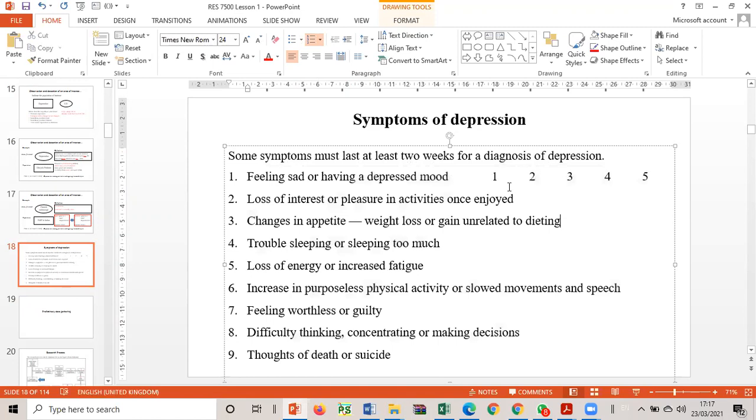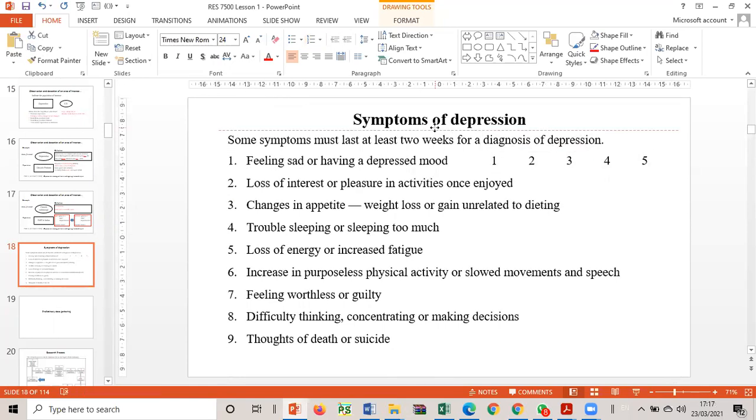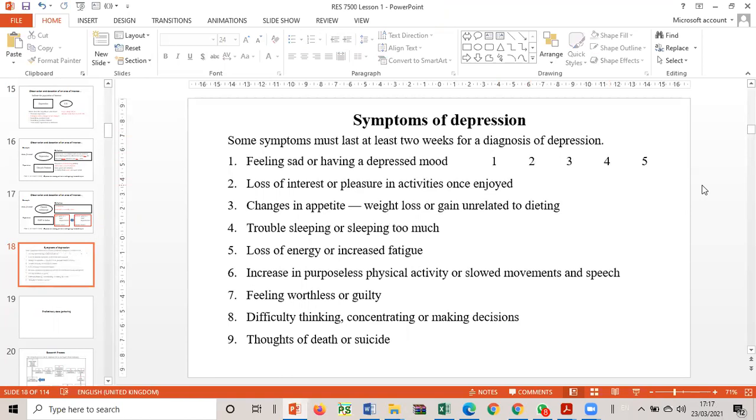If I scale all the items 1 to 5, where 5 means all the time and 1 means not at all, can I score the depression? Can I score the level of depression? Yes, you can. The person answering all 4, 5, 4, 5, we know the person is highly depressed, isn't it? Another person answering 1, 2, 1, 2, 1, 2, then you know he's not so depressed.